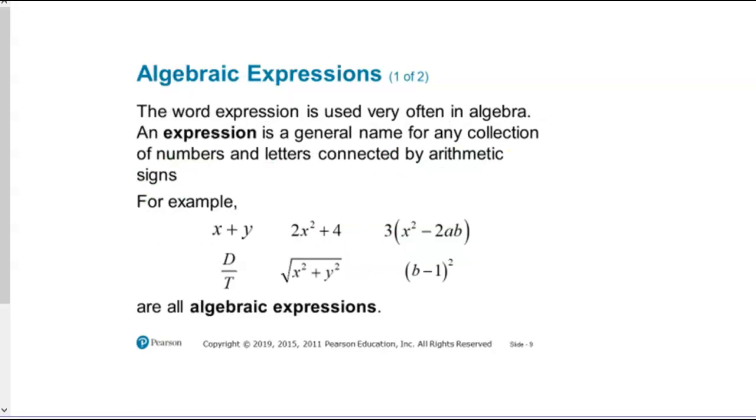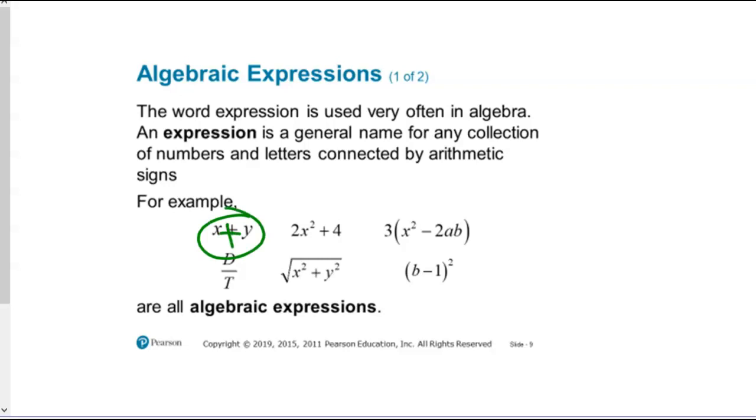So these are different types of algebraic expressions. When I'm using the term expression in this class, think of it as basically a collection of letters and numbers that are connected by arithmetic signs, and these signs are operations. So basically, we've got a plus here.